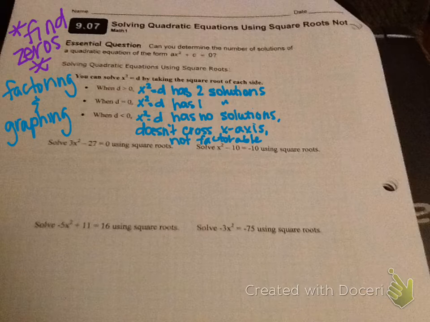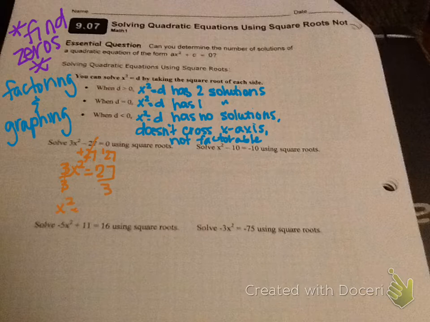Alright, so on to this first one. We have 3x squared minus 27 equals 0. To solve using square roots, we want to get rid of everything that we can. So we have 3x squared equals 27. And then we can divide by 3.